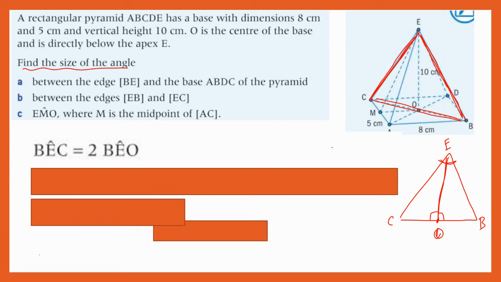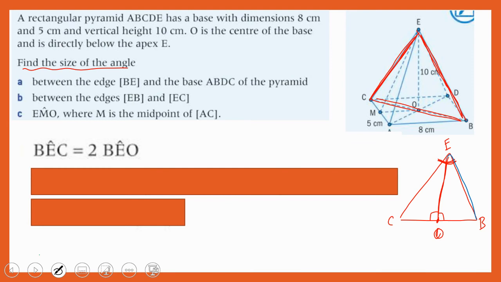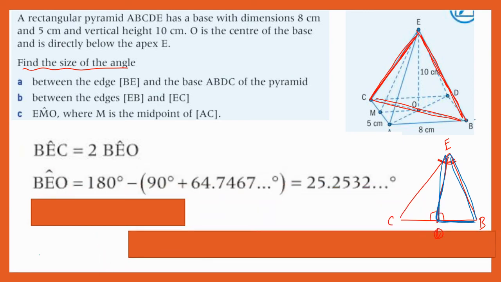We can then say, okay, so the angle BEC, the total angle we're finding, would be equal to doubling angle BEO. And since we already know a little bit of information about BEO, that's the part of the triangle we'd want to focus on. From the previous part, we already know a little more information about this, and we can use that to help us solve.